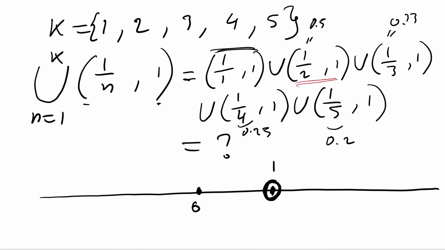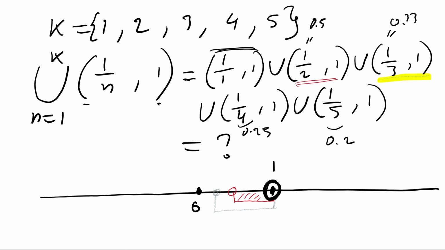It's something here, and again, we exclude this part. The next set is (1/3, 1], so it's what we have here, this part. Let me use this color, and then you exclude here.